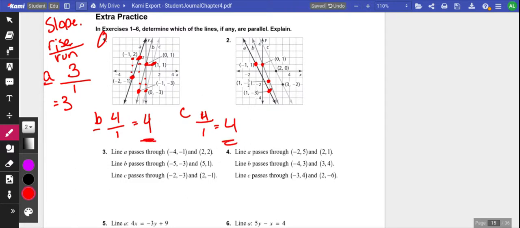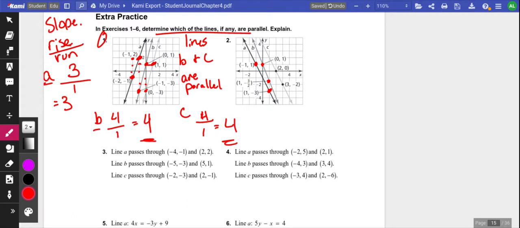I've got B and C. So lines B and C are parallel. Some of them, all 3 of them might be parallel. Maybe A and C are parallel. When it's asking you which of these lines are parallel, it's asking which of these lines have the same slope. Okay, because parallel lines always have the same slope.